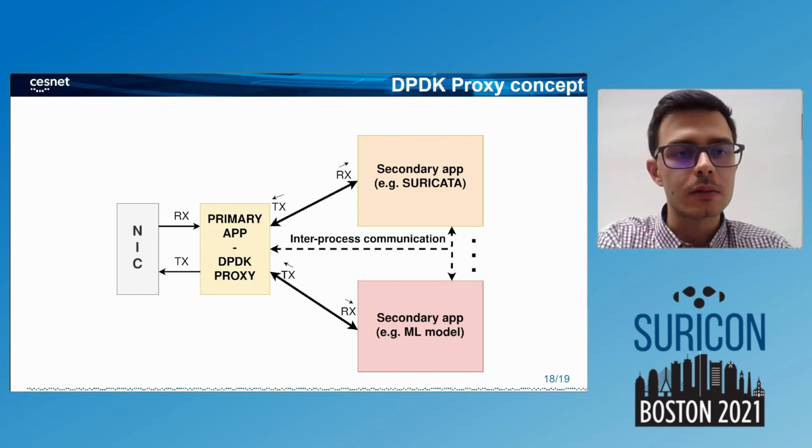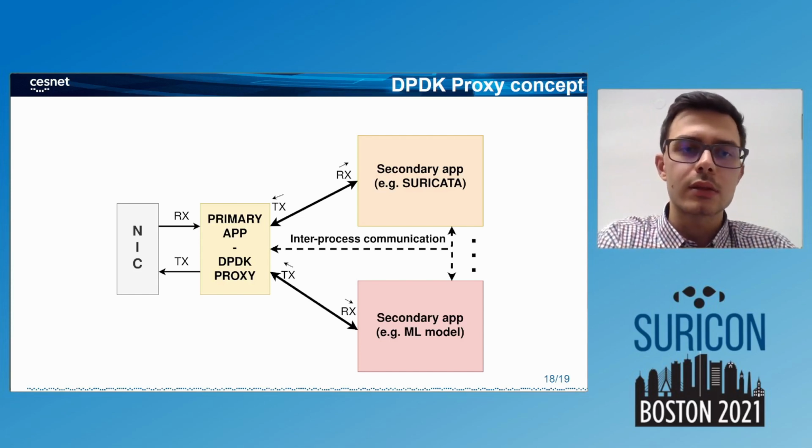As we can see, between the applications there is inter-process communication, which is a way the subscribed applications communicate with the primary application in DPDK Proxy, just to create new ways to connect to the DPDK Proxy.